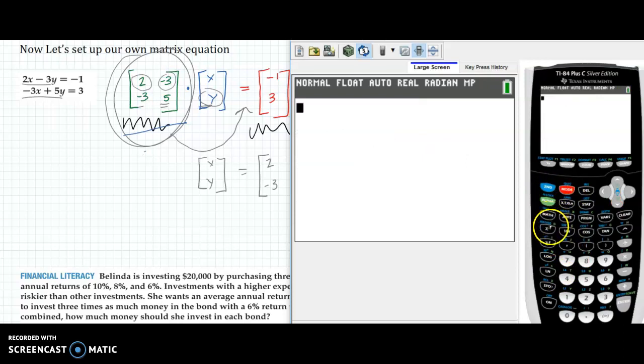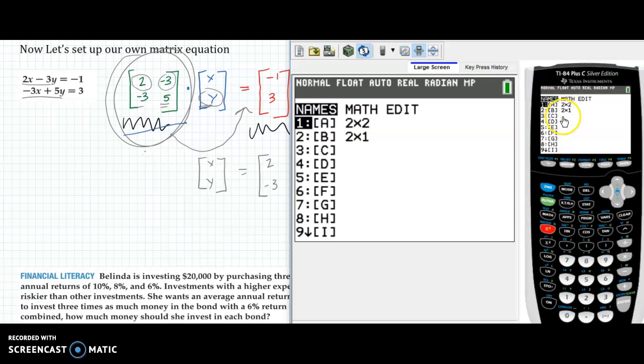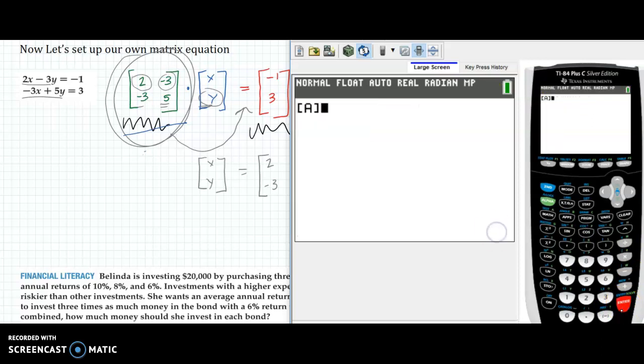If you go to your matrix menu and go to names, if you just hit enter or hit 1 in this menu, it's going to pop up matrix A on the screen. You want the inverse of matrix A, so you're going to hit the x to the -1 button right here. That's telling it to take the inverse of matrix A. And if you were curious, this is what the inverse of matrix A is.